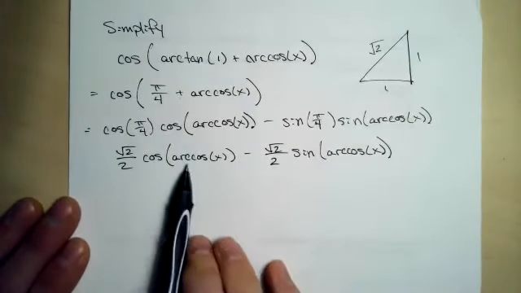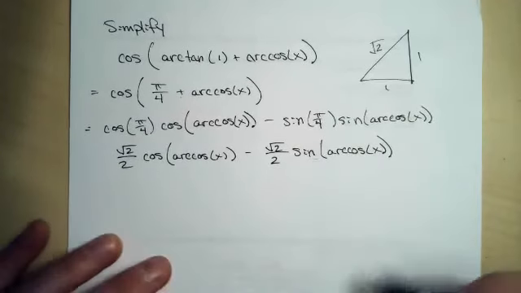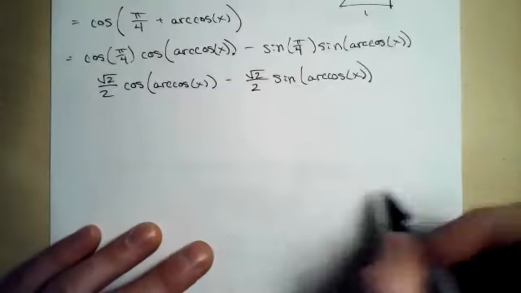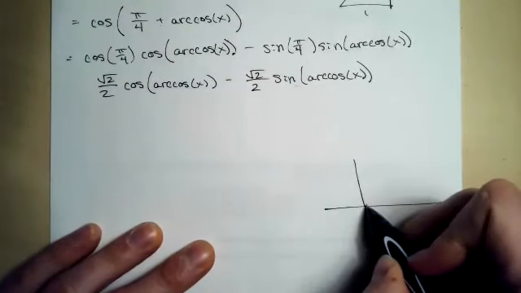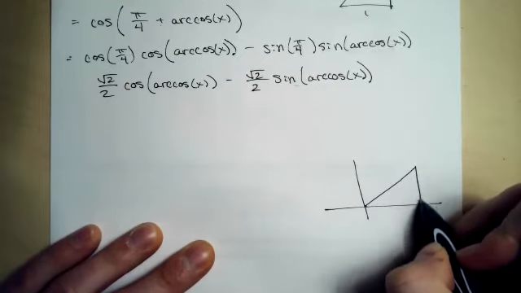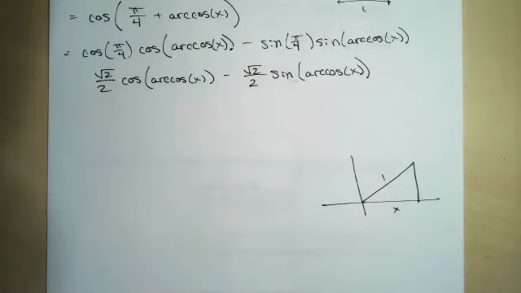Now you just got to remember how to simplify trig and inverse trig when they're interacting with each other. So we've got arc cosine of x, which means we have some angle whose cosine ratio is x over 1.